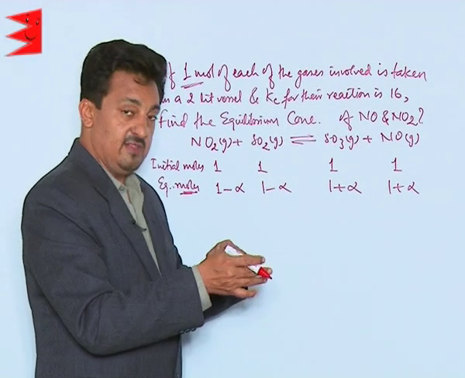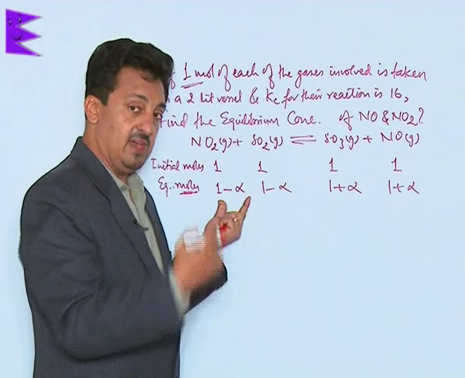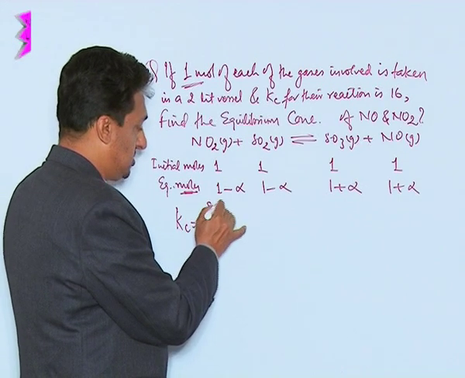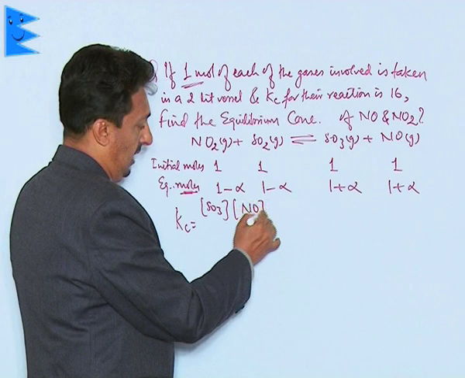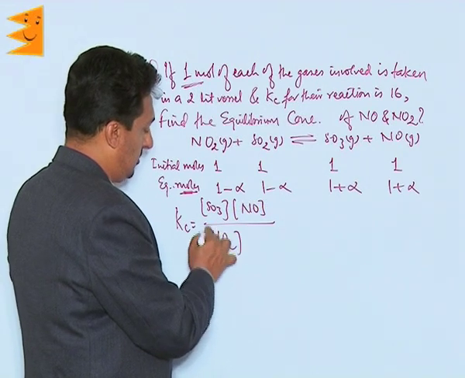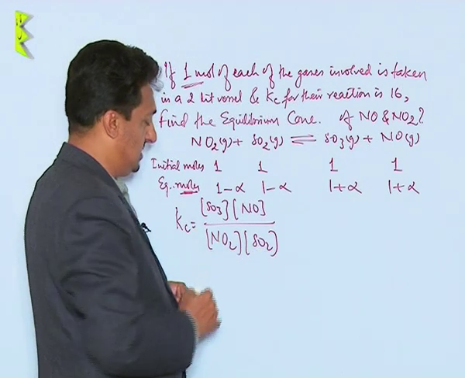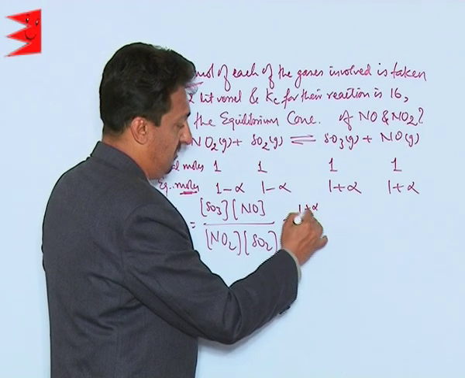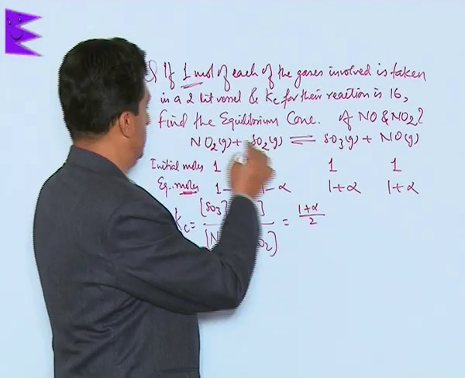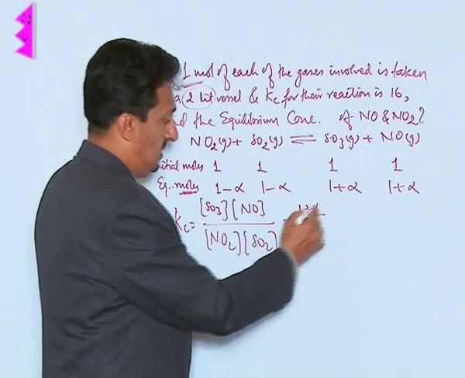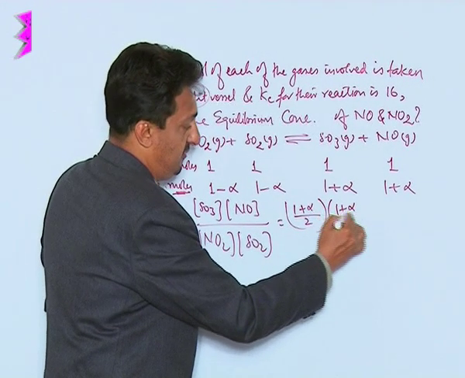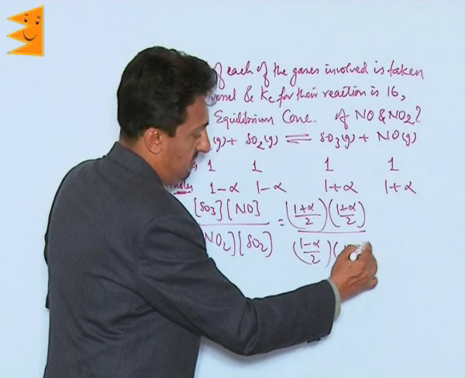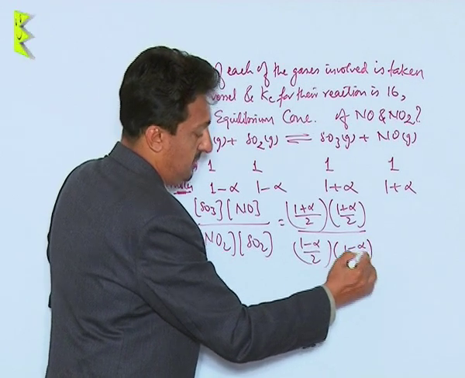Remember again, all these are moles, not concentrations. If we want to change them to concentration, we have to divide these moles by the volume V. First write down the Kc expression. It will be SO3 concentration, NO concentration, upon NO2 concentration, SO2 concentration, which will be equal to 1 plus alpha upon 2, because it is in a 2-liter vessel, 1 plus alpha upon 2, upon 1 minus alpha upon 2, and 1 minus alpha upon 2.